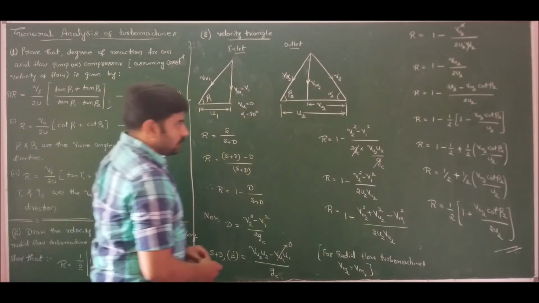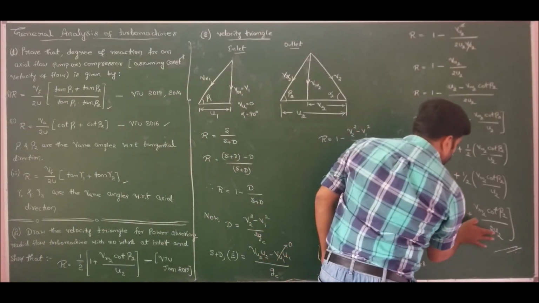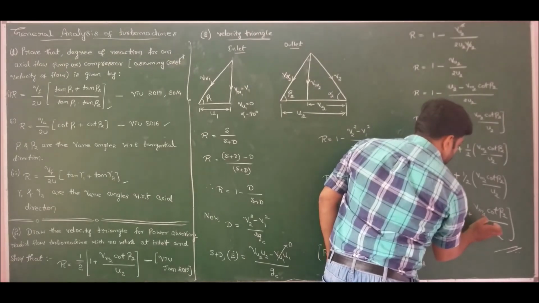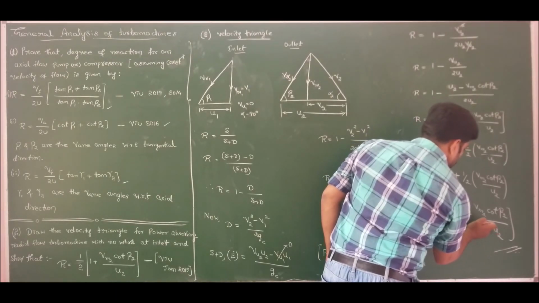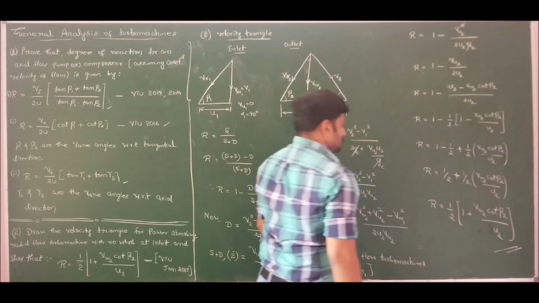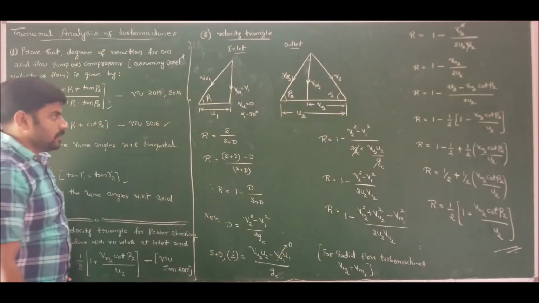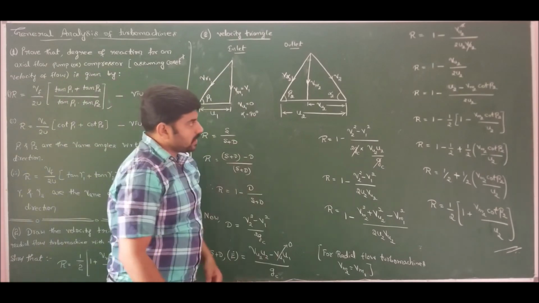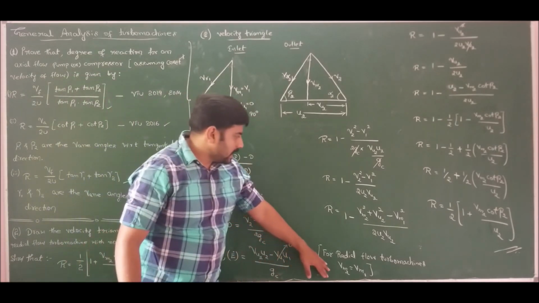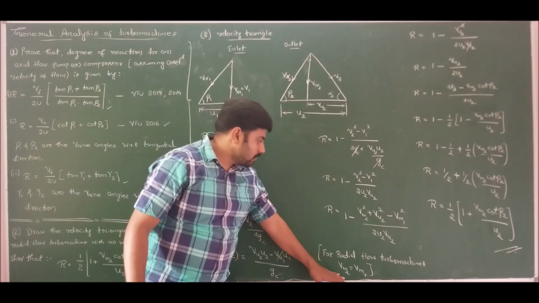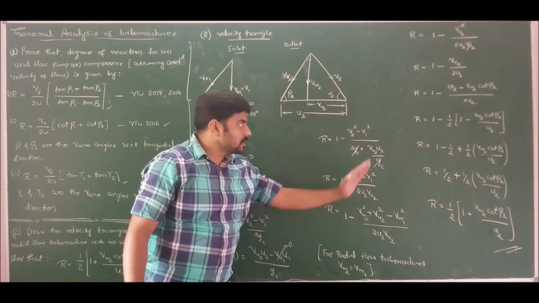I have taken half common throughout, so this 2 should not be there. That is what he asked. We have proved it. A very important note here is that for radial output flow turbo machines you should take the flow velocity as constant. Otherwise we cannot do this.